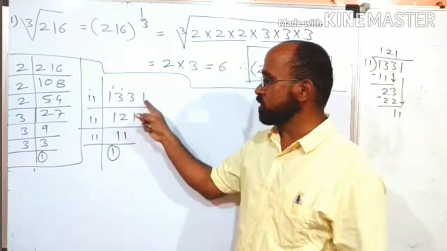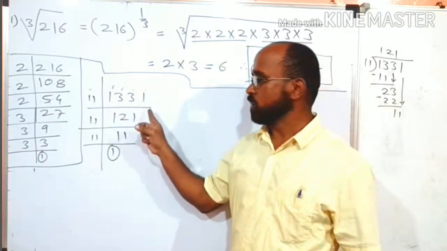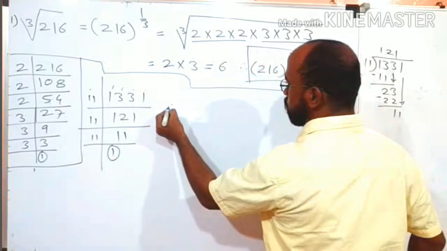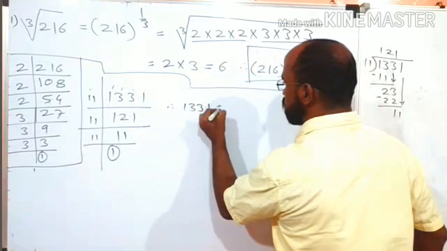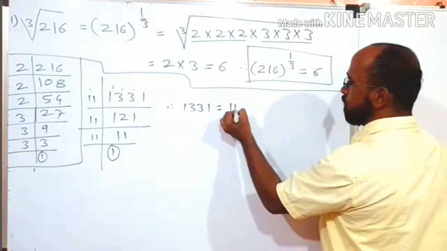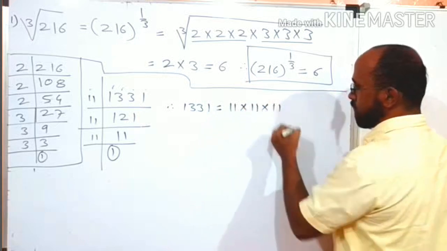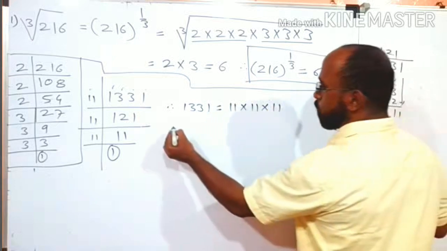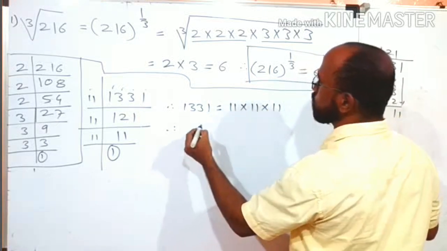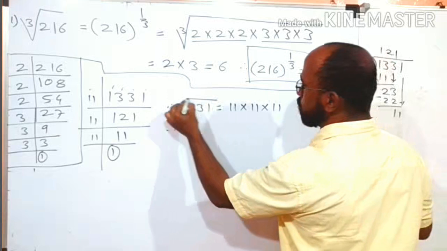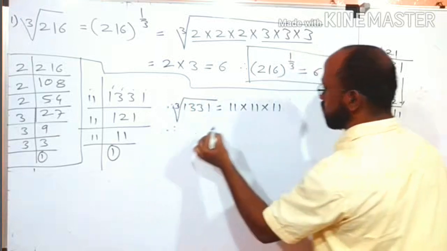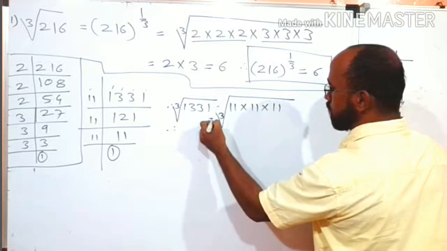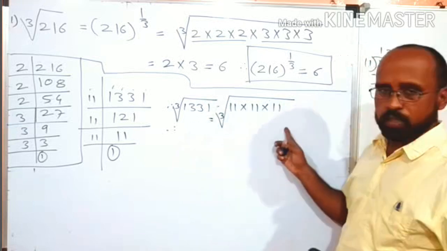Means 1331, if we factorize it, its prime factors are 11 multiplied by 11 multiplied by 11. Clear, students? So these are the prime factors of 1331. Therefore, the cube root of 1331 can be written as the cube root of 11 multiplied by 11 multiplied by 11.